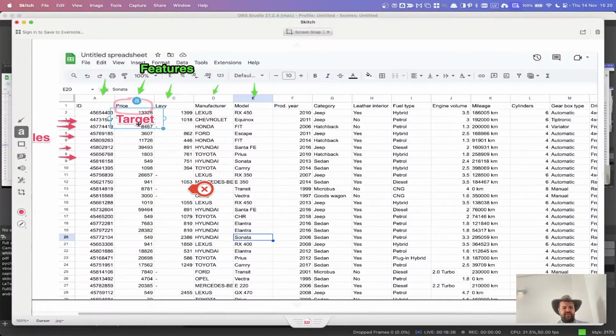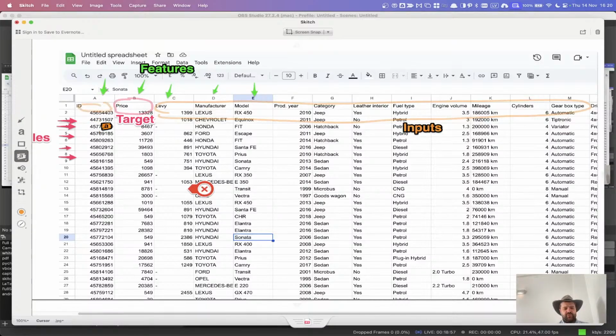I want to predict the price of the car based on all of the information regarding my attributes. This could be very useful, for example, for dropshipping cases where I want to predict what the price for an item needs to be so I can make a profit. If I use all of these other features, these are my input features, inputs. Inputs usually are everything else except the target.